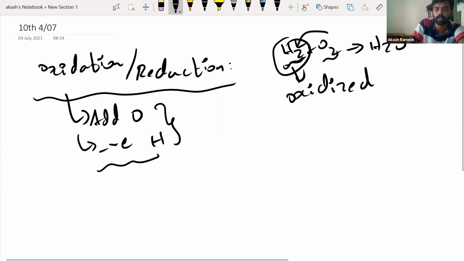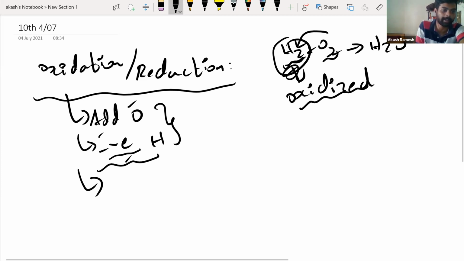Whichever thing you are adding oxygen to is said to be oxidized. So you can see addition of oxygen, you are adding oxygen to hydrogen, so hydrogen is getting oxidized. Okay, fine. Next. Now these two are the only examples, so you have addition of oxygen and removal of hydrogen.